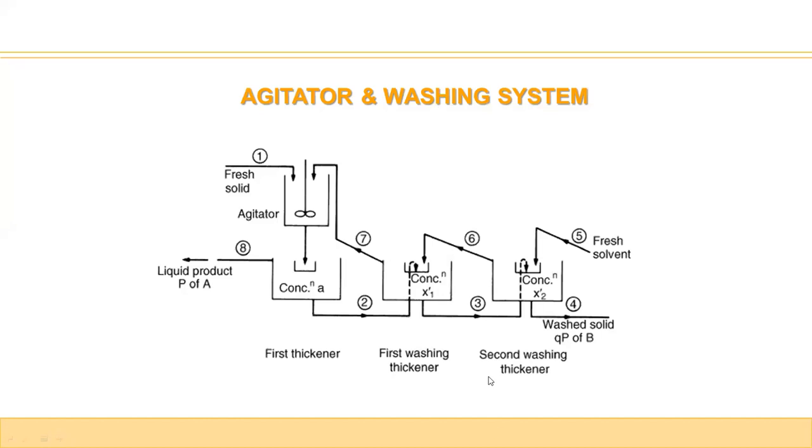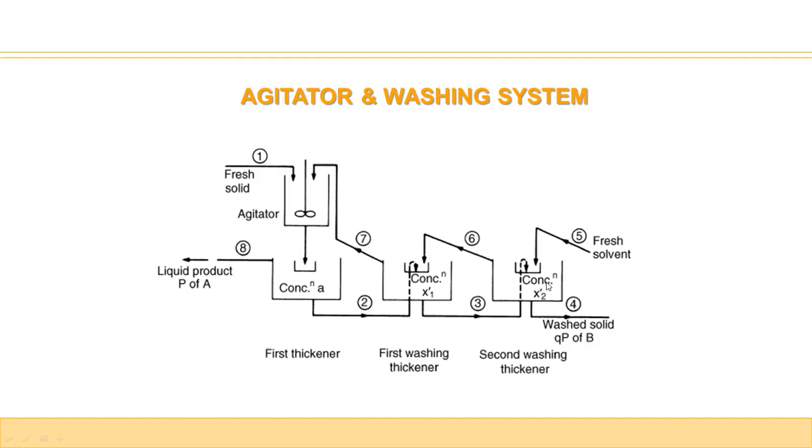Now, for an agitator and washing system, we also have a solid that is continuously being washed. It's being washed with a pure solvent, also referred to as a fresh solvent. The manner in which we represent our thickeners here is based on where our solid is introduced. So if our fresh solid is being introduced in this particular thickener, then this is our thickener 1, this would be our thickener 2, and this would be our thickener 3.